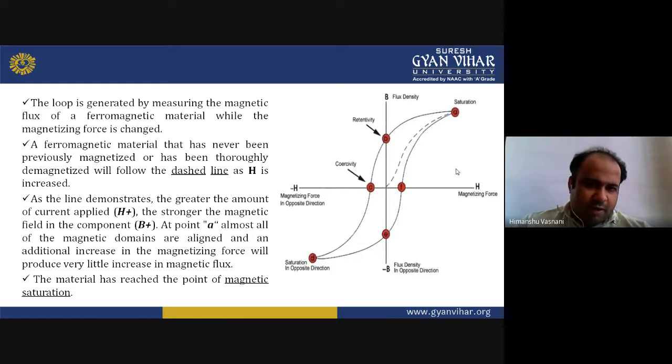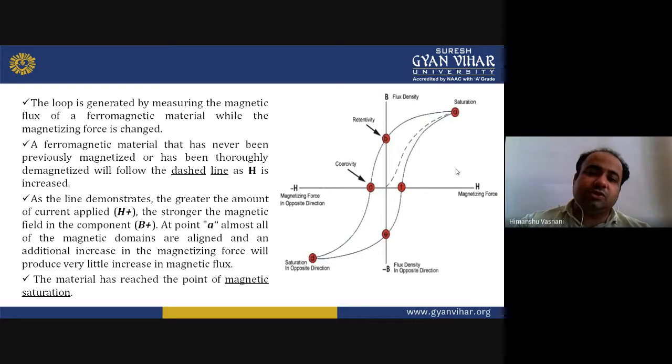The ferromagnetic material is completely magnetized, and if any increase is applied, it will produce only a little increase in the magnetic flux.